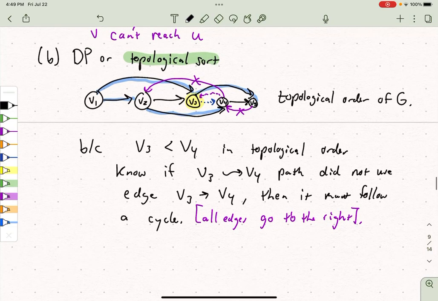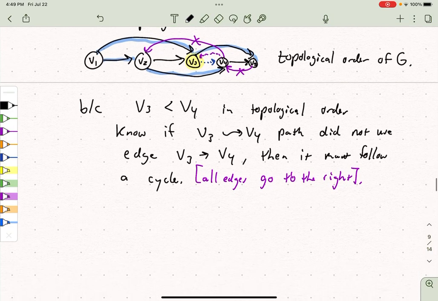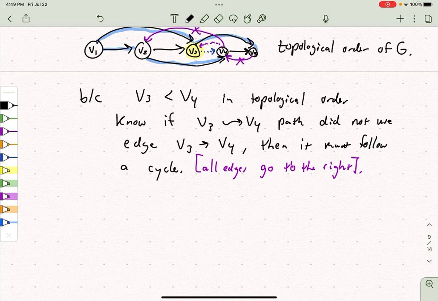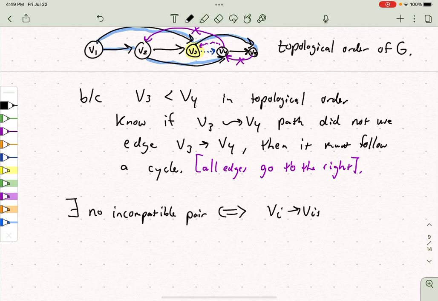Okay, so what we've said here is there exists no incomparable pair if and only if the edge Vi to Vi plus 1 exists in G for every i, and this is in topological order.